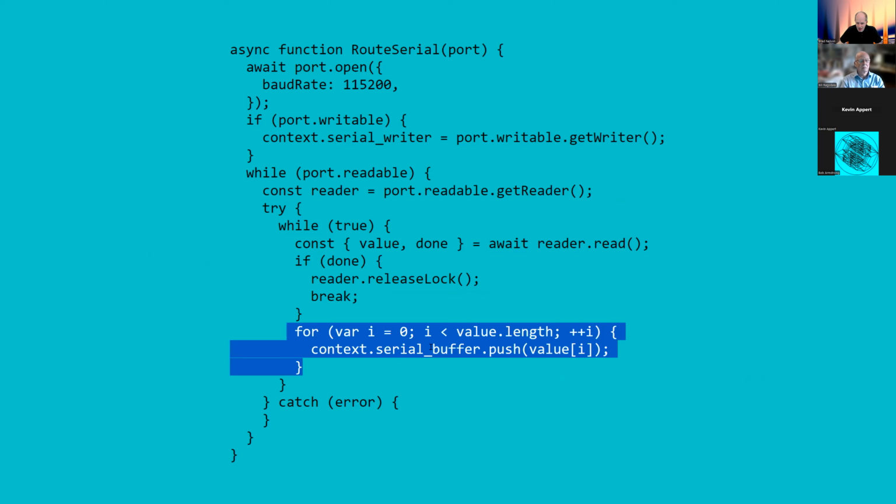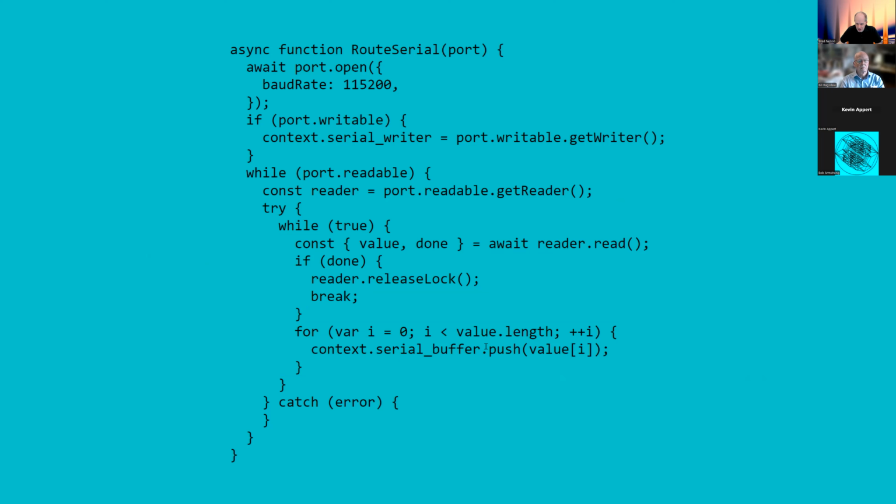And then I push it into that buffer that I mentioned before. Push in JavaScript is an operation for an array that sticks something at the back of the array. And so this little pump allows me to have a serial writer available whenever there's a device connected that I can write to, and a buffer that will gradually get filled.